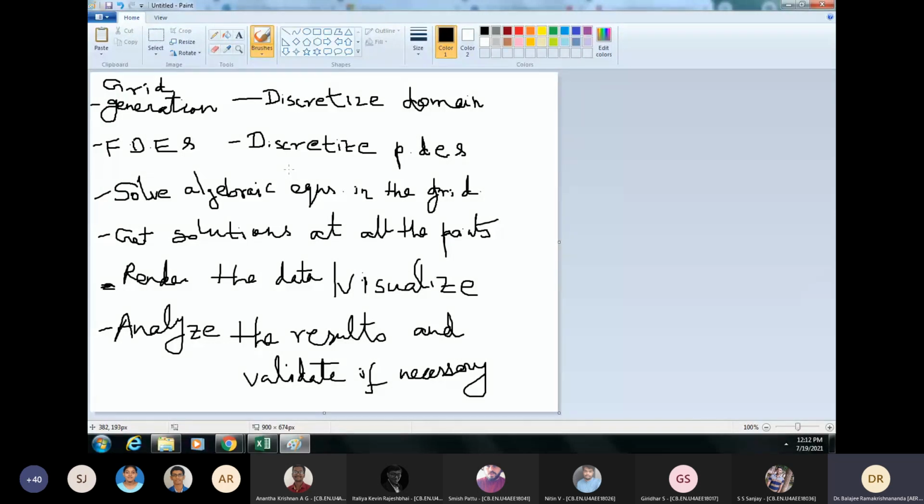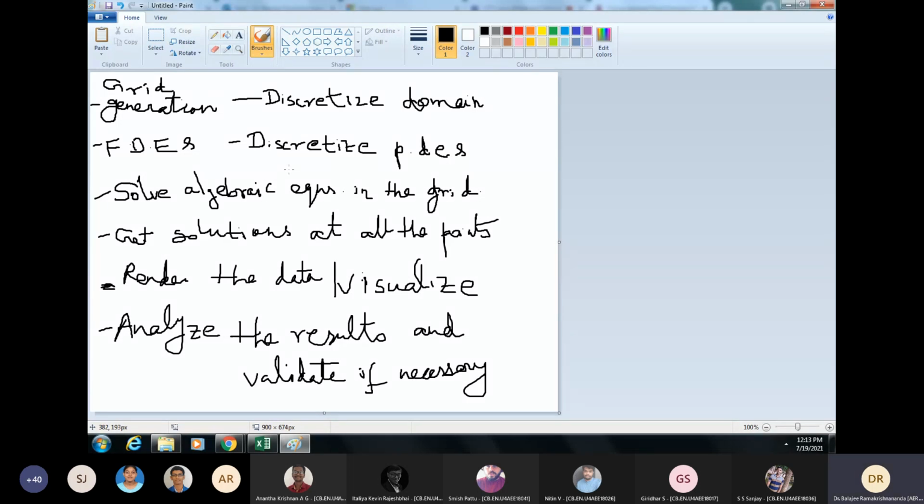We bother about pressure, we bother about density. So generally 5 equations. The temperature will come in, or the energy equation will come, and density is there in incompressible flows.